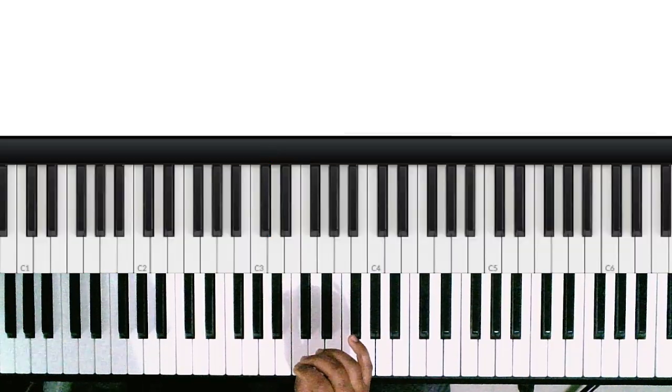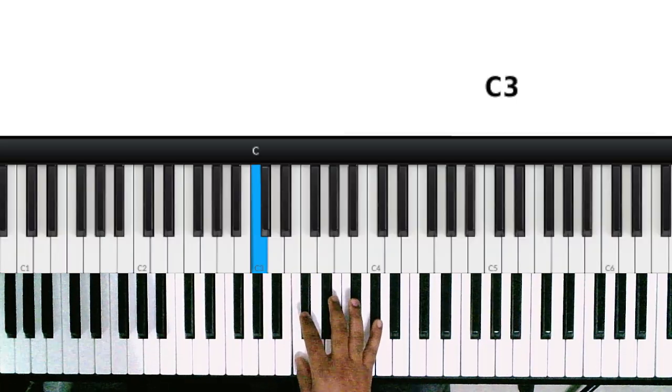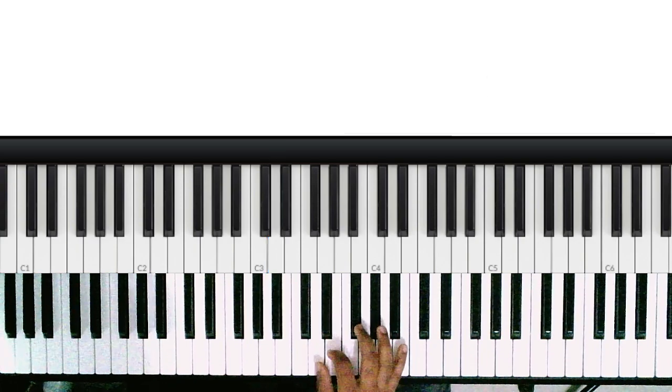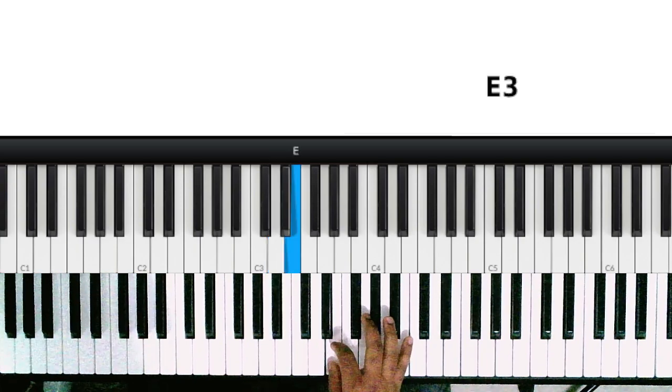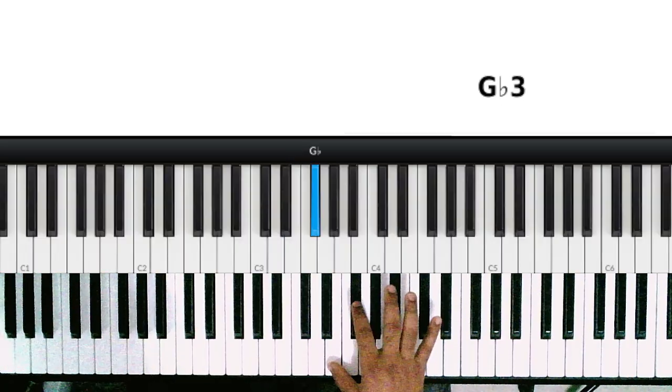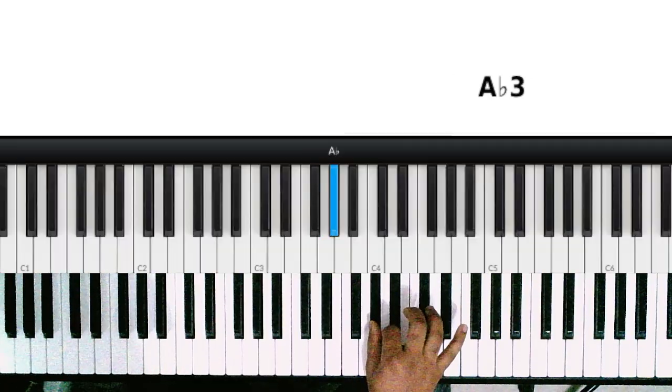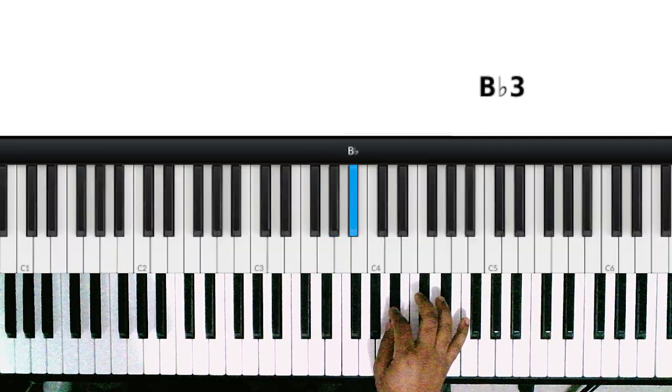So a tone is two semitones, which means you skip one key and land on the next.